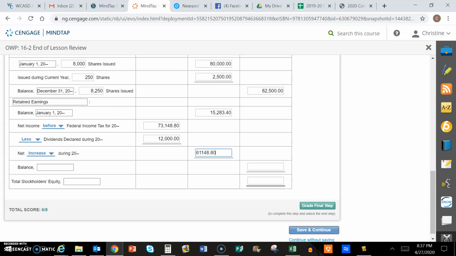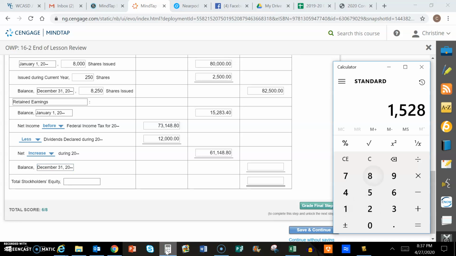Then we do the balance on December 31st. That's 15,283.4 plus 61,148.8 equals 76,432.20.